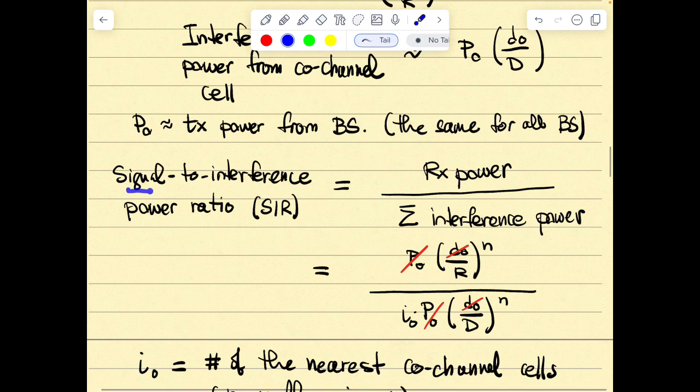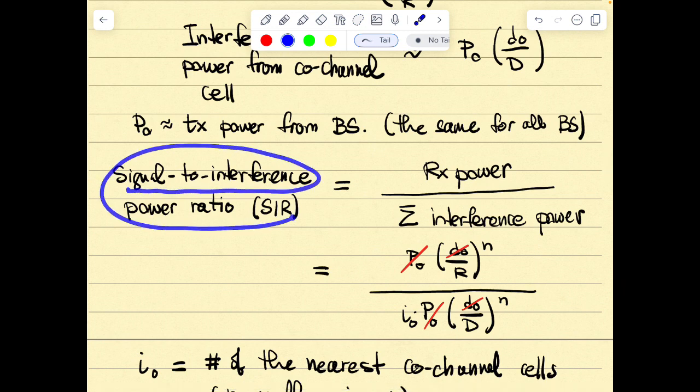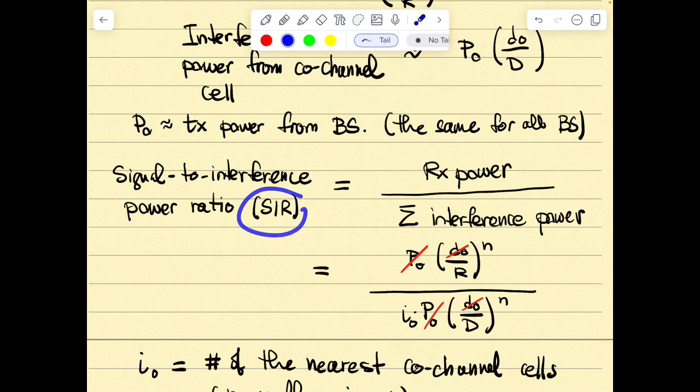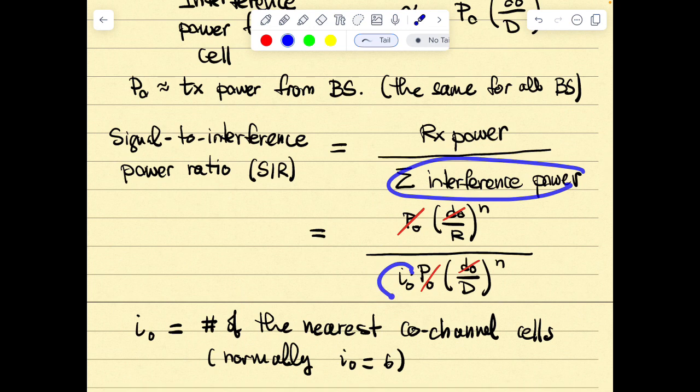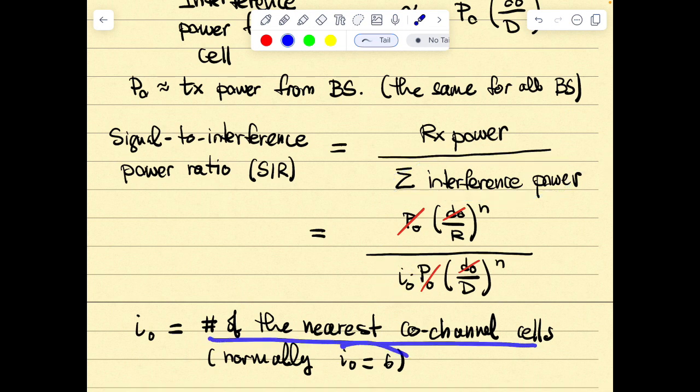Now, if we look at the quality of the signal by looking at the signal to interference power ratio, or SIR, that is the received power of the intended signal divided by the interference. You see that I0 is the number of nearest co-channel cells, which currently is equal to 6.